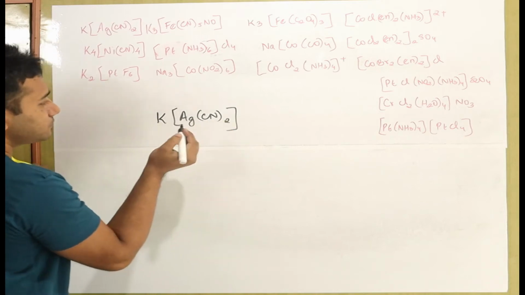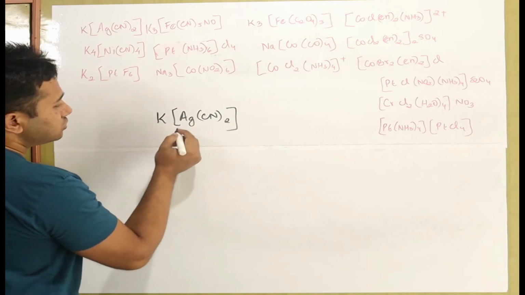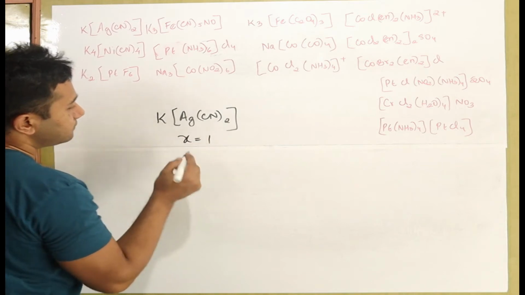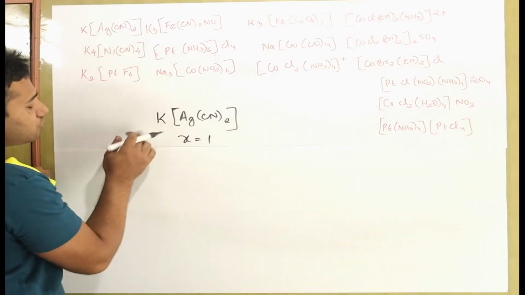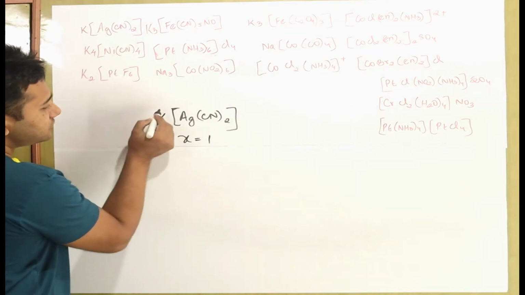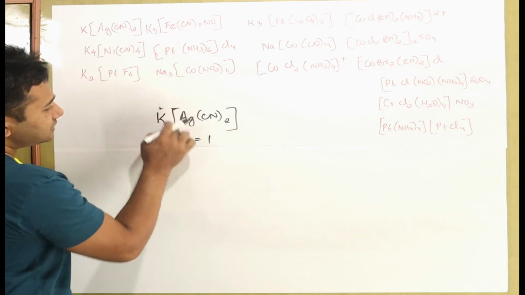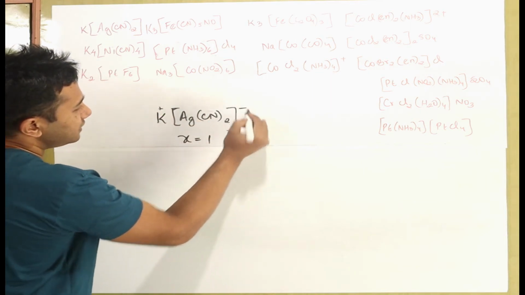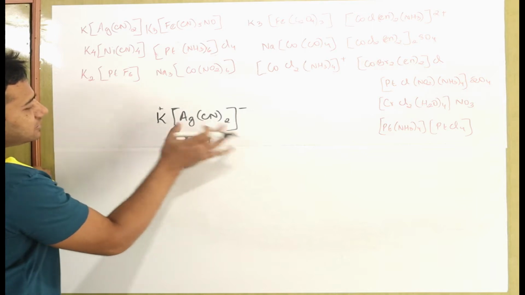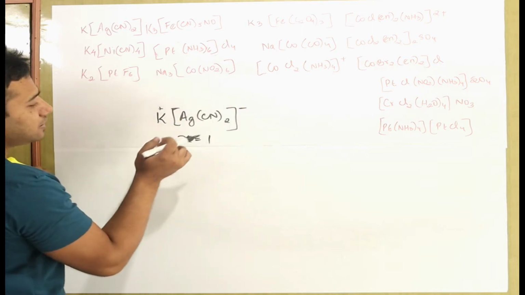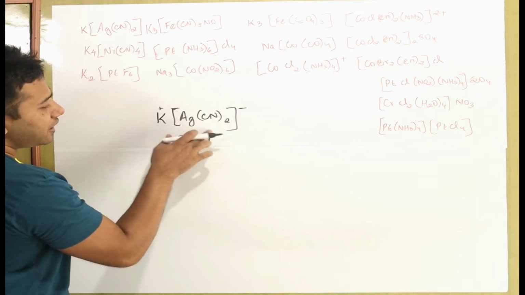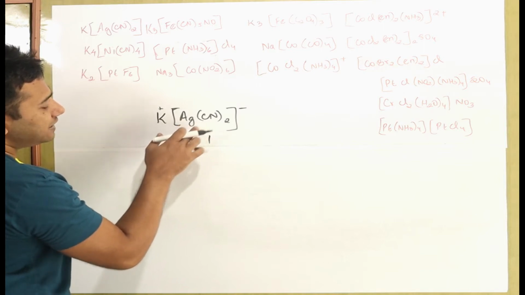Now if you look at this compound properly, the charge of potassium is plus. If this is plus, the entire coordination entity will be minus. If it is minus, the name of the metal ion, by rule number 3, will end with ATE.